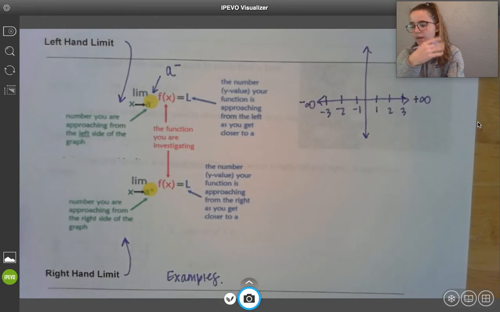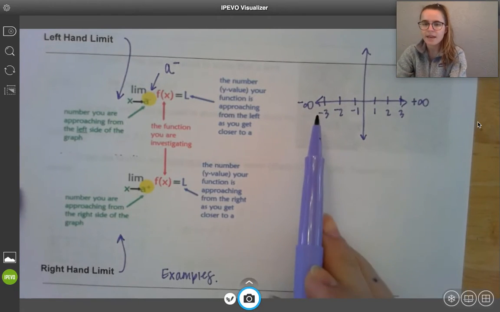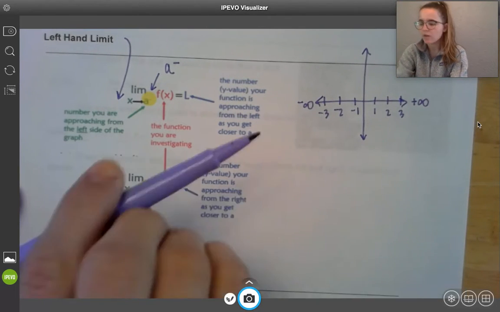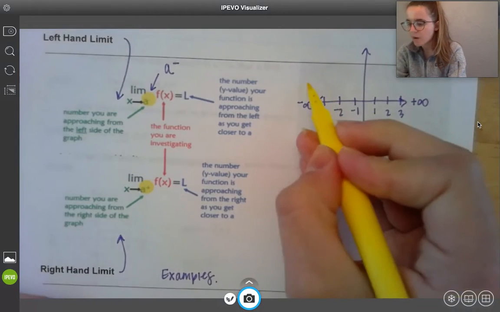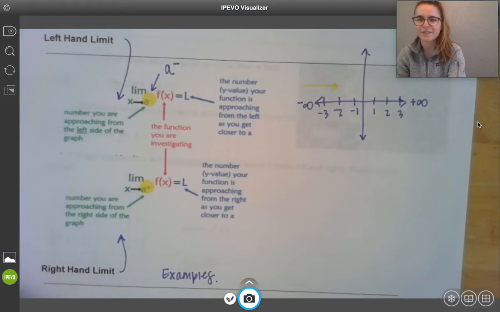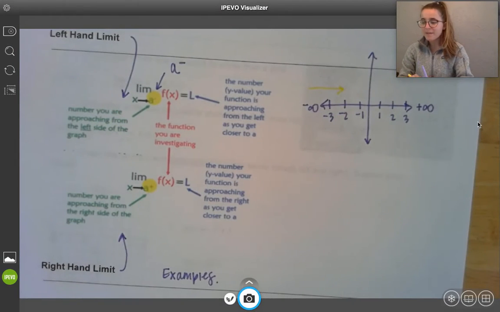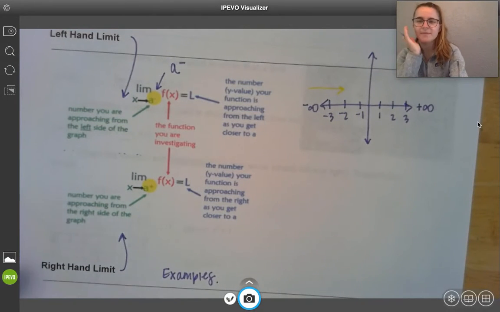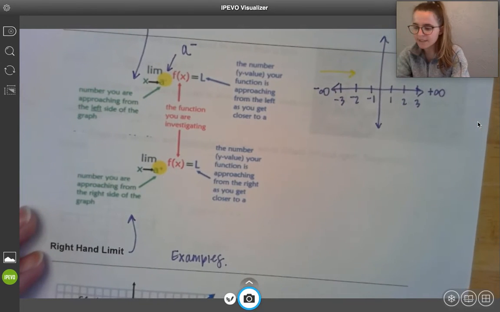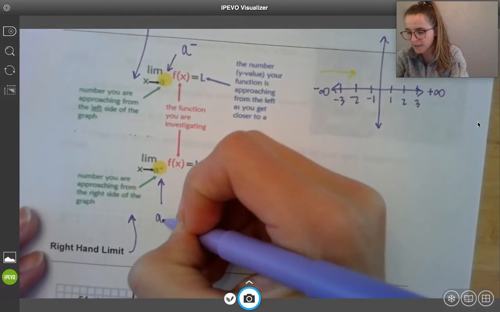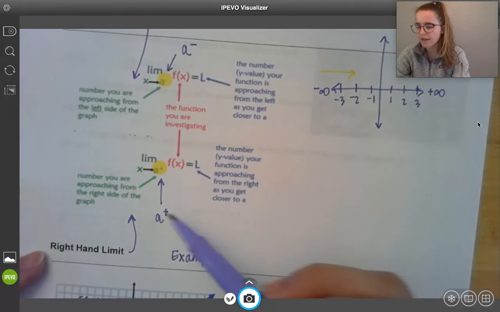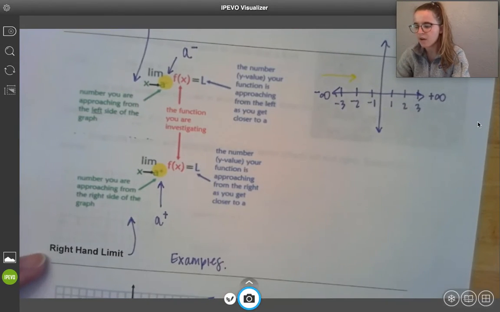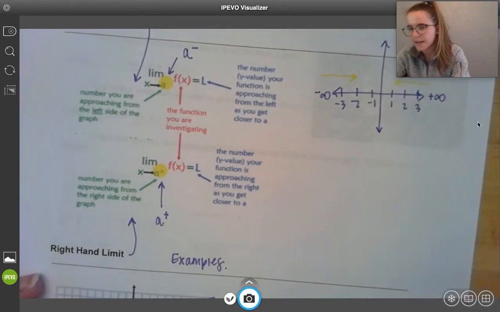Sorry, I'm pointing, but it's flipped. So we're coming in from the negative direction. That's where that minus sign comes from. For the right, same thing, but we have a plus sign. Did I say left? I meant right. So if we're approaching from the right side, we have a plus, our function, and then whatever that limit is, we're approaching from the right.